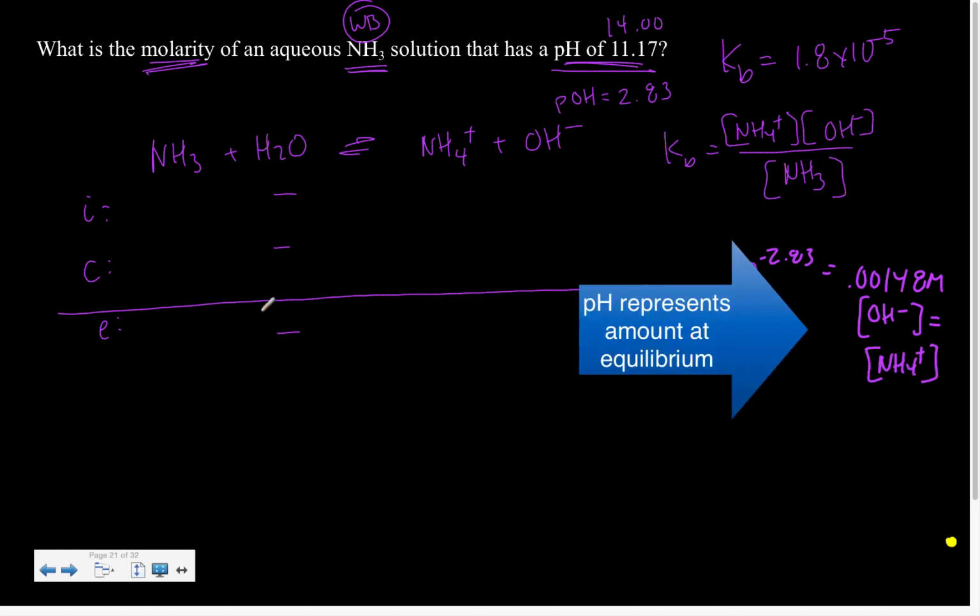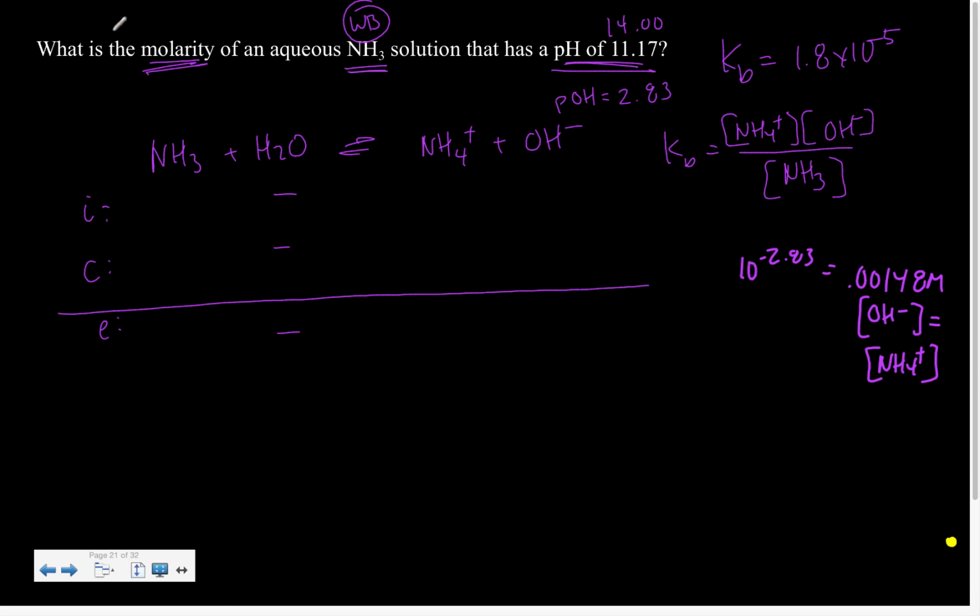Now, we just have to think about where that goes, right? So this is asking us, what is the molarity of an aqueous solution that has a pH of this? So then, this is what we don't know. But we do know that this ends up being 0.00148.